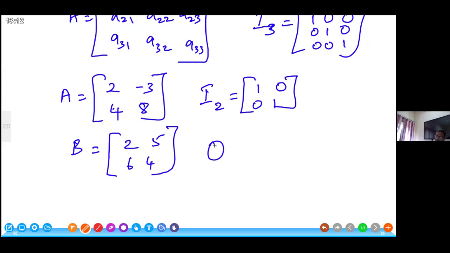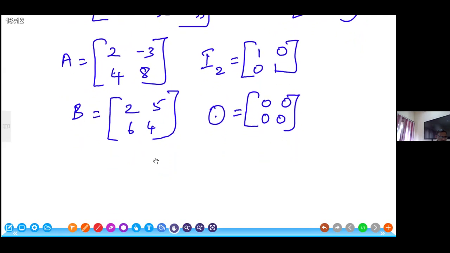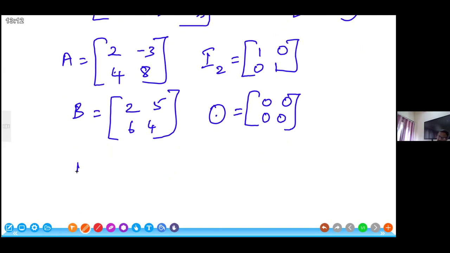Another matrix from yesterday, the 0 matrix, where all the elements are 0. Can somebody tell me what is A into the 0 matrix? Without doing anything, you can say A into the 0 matrix is a 0 matrix.